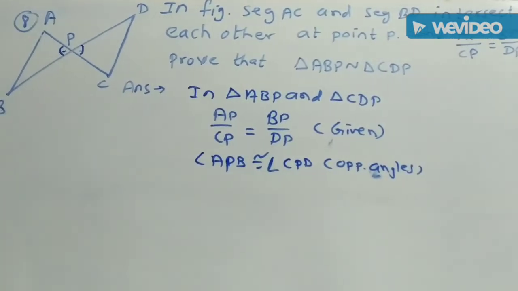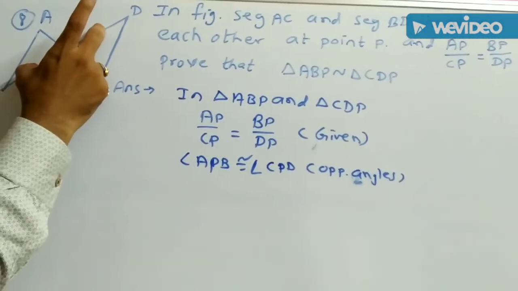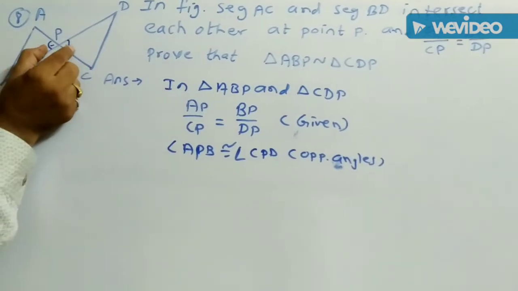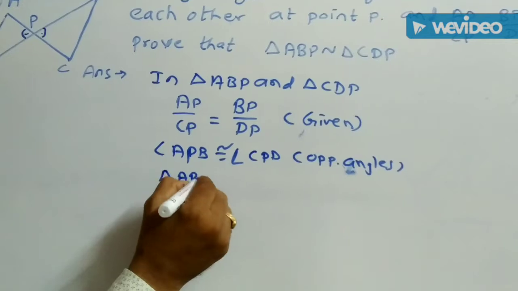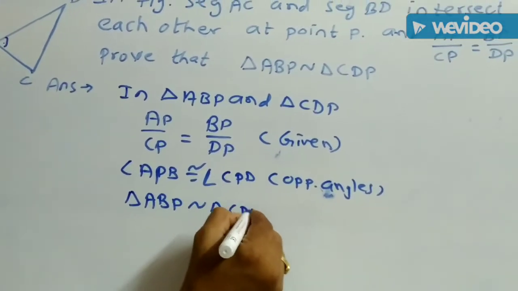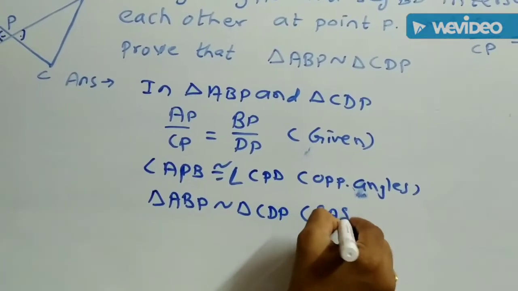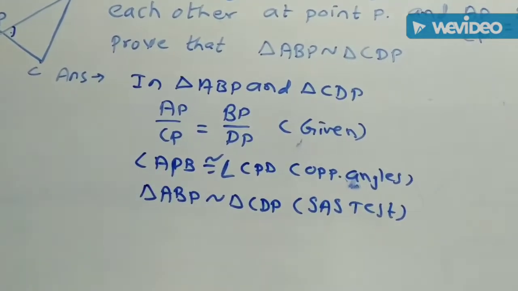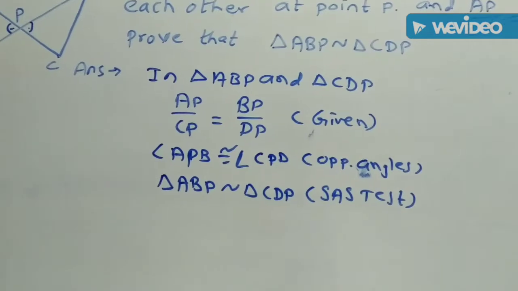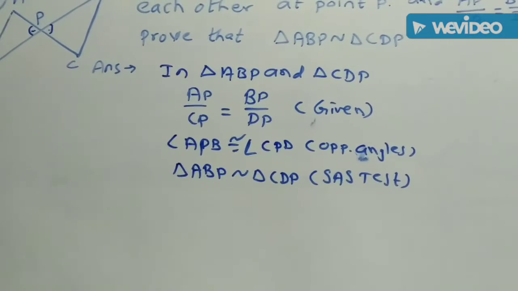That means in both the triangles, two sides are in proportion and their included angle is congruent, and therefore triangle ABP is similar to triangle CDP. By which test? SAS test, two sides and their included angle are congruent, and therefore both the triangles are similar.